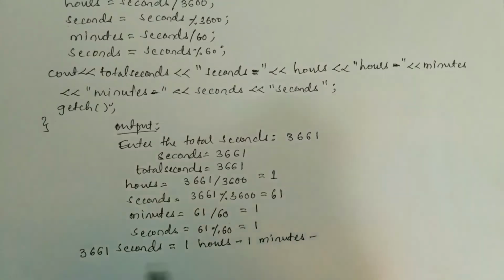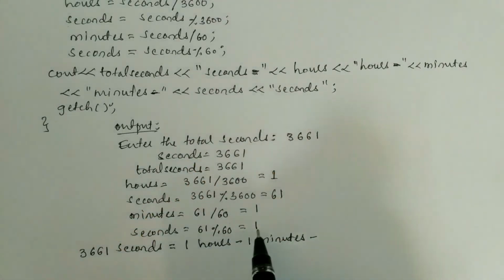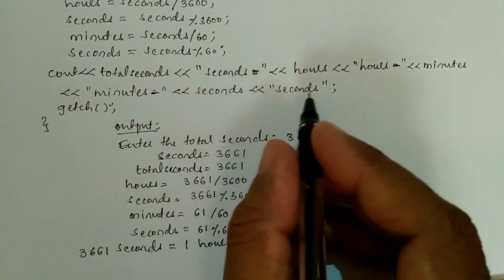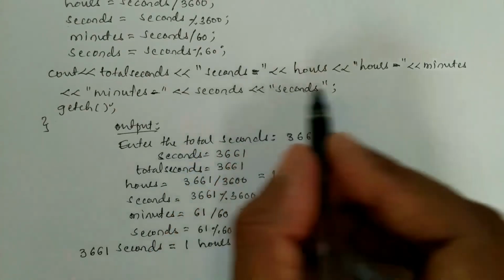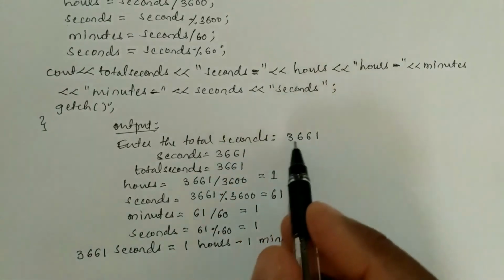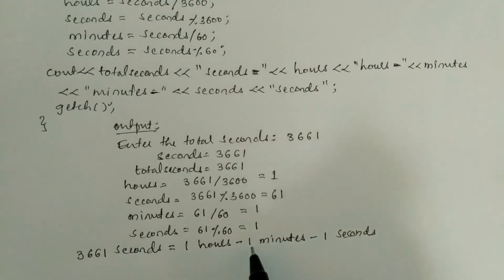Then it is going to put dash and then seconds, a variable holding value 1. So it is going to print 1, then the word seconds in double quotation marks. So 3661 seconds is equal to 1 hour, 1 minute and 1 second.